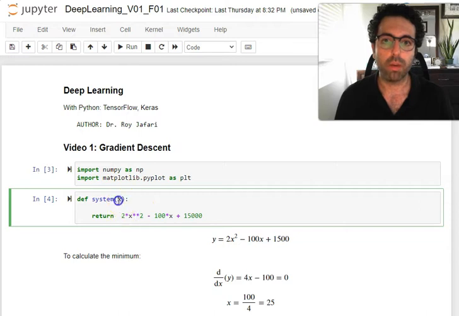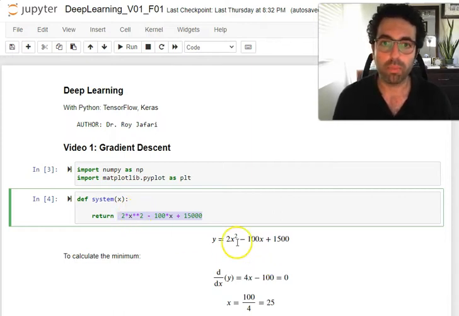Whenever we input a value here, an independent variable, we get an output or dependent variable. So y is equal to f(x), our function. We do know it, but we're going to use gradient descent to find an important attribute of it, which is the optimum point.